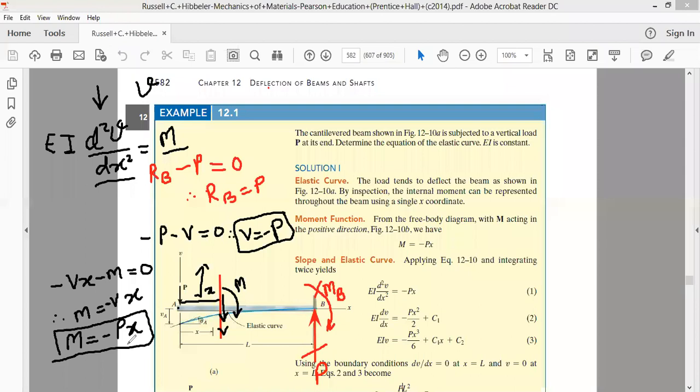So the bending moment of this beam is equal to minus P into x. In place of this M, we'll write minus P into x.